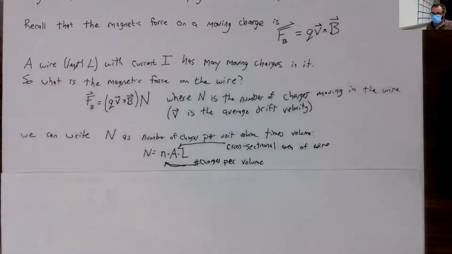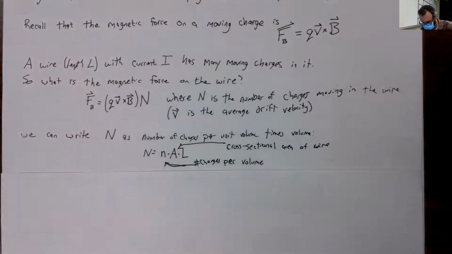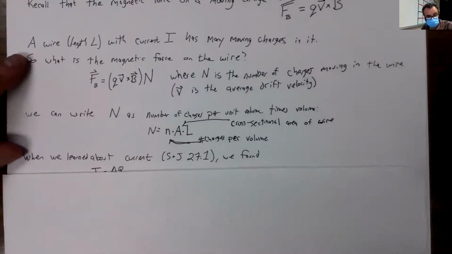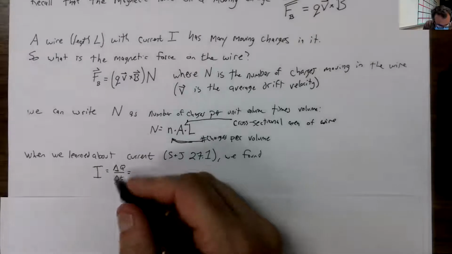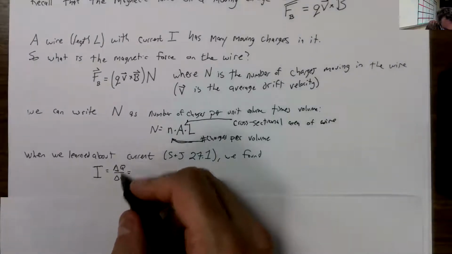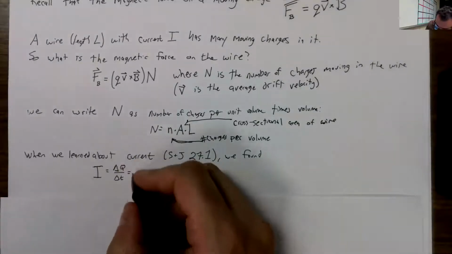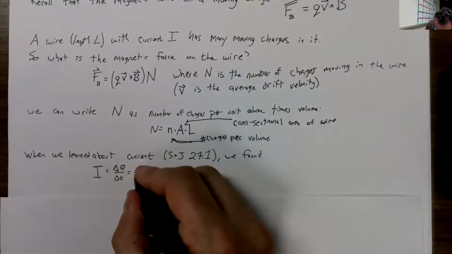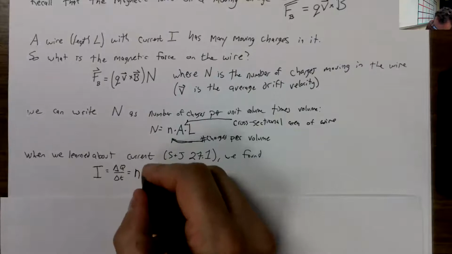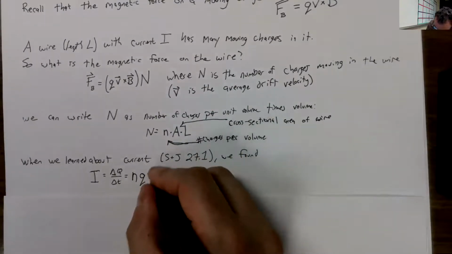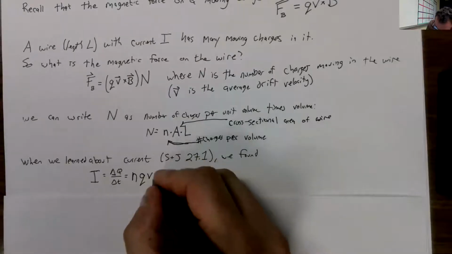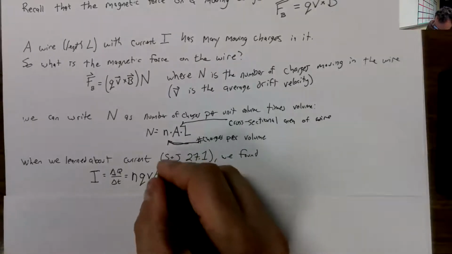When we first learned about current, back in Serway and Jewett's section 27.1, we found that current, which is just delta Q over delta t, or dQ/dt, equals the number of charges per unit volume times the value of each of those charges times the drift velocity times the cross-sectional area.